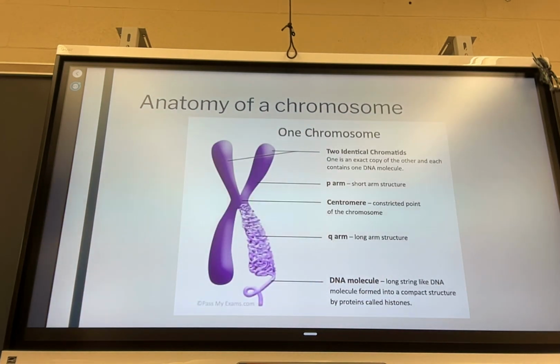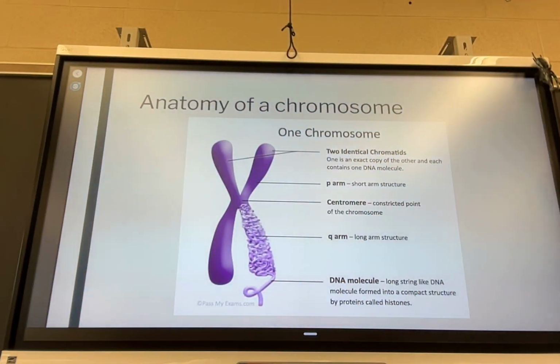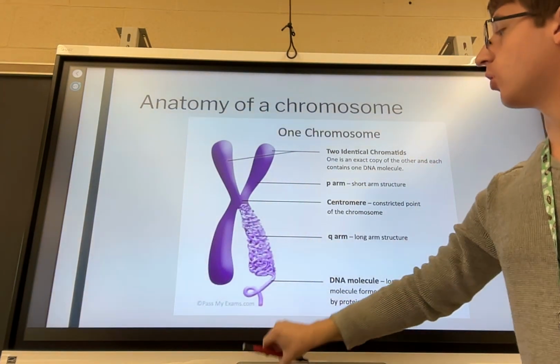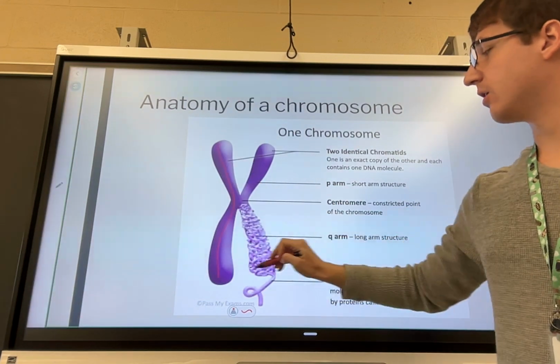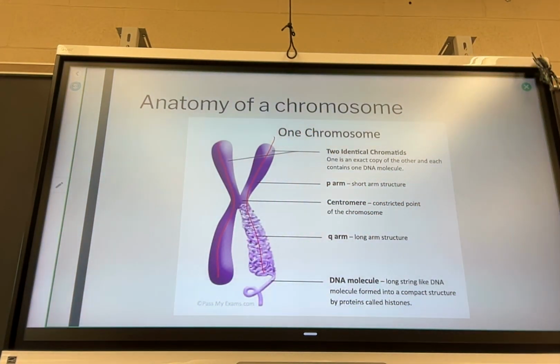So chromosomes. You'll see on your next page there is a diagram of a chromosome. We're going to label them. The first thing to note, each individual arm, so we have one right here and one right here, these are called chromatids.